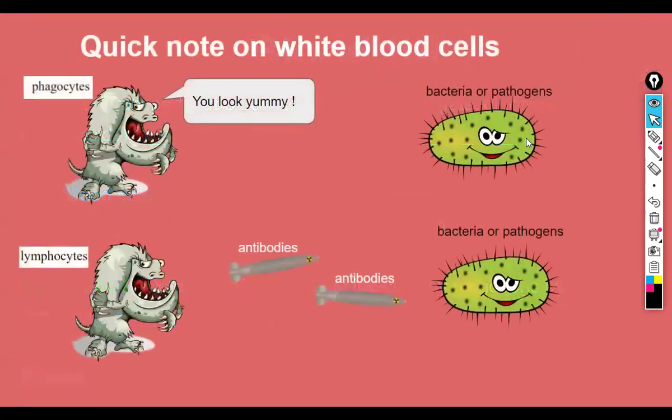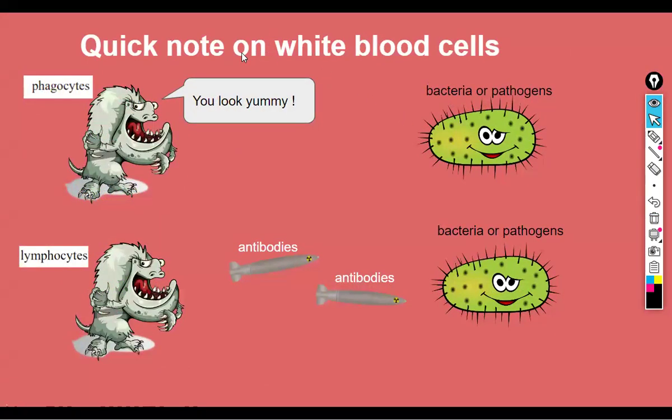All right, and look at it. We're going to discuss the two different types of white blood cells one time. So white blood cells, there are two types, one called phagocytes and the other called lymphocytes. So this monster is supposed to represent your white blood cells. Obviously, they don't look like that in real life.